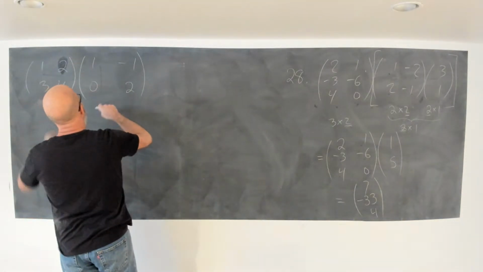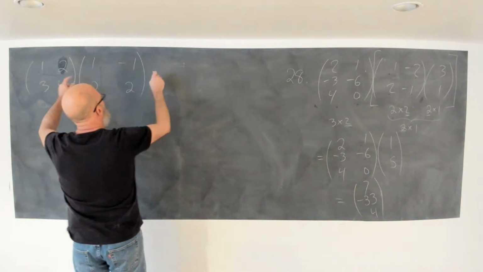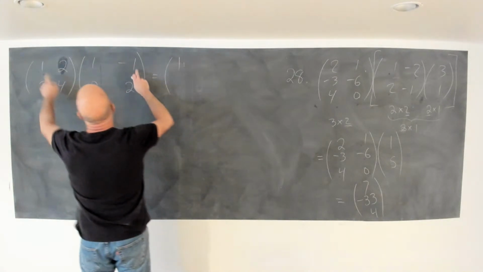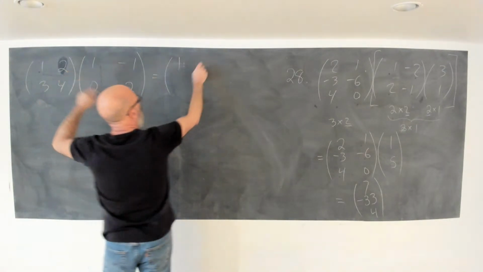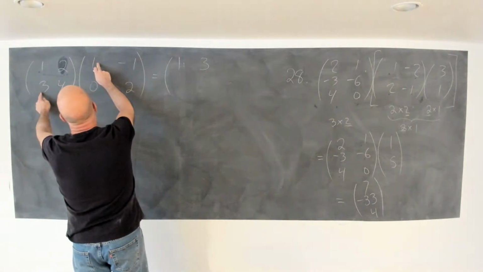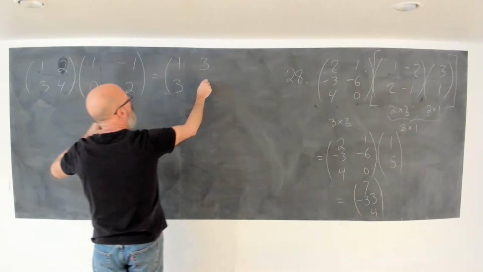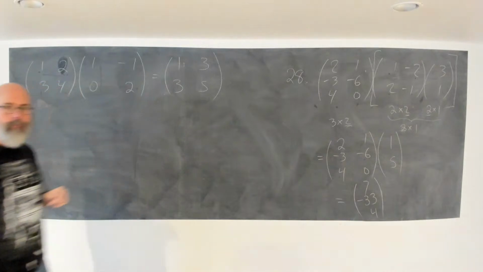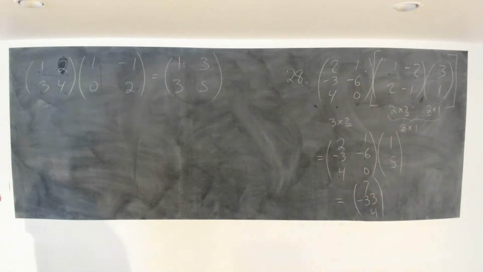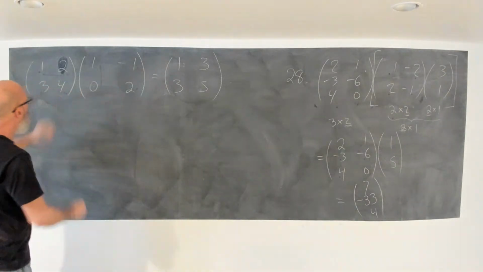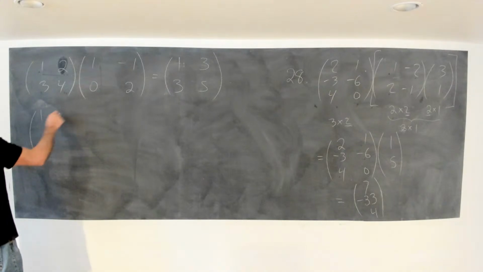First row times first column, 1 plus 0. Minus 1 plus 4, 3 plus 0, and minus 3 plus 8. Nothing spectacular is happening, but let's do the multiplication in the reverse order.